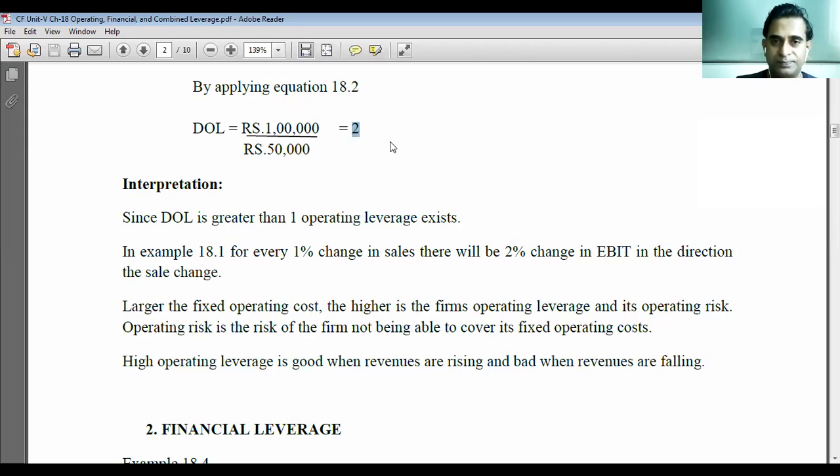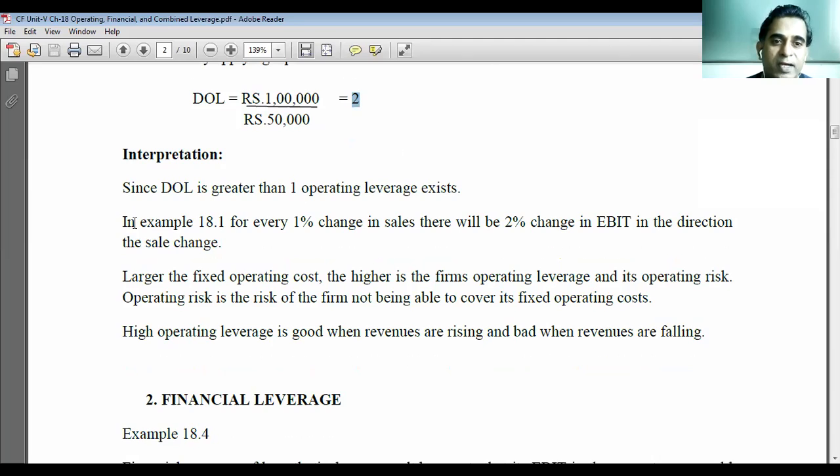So if the degree of operating leverage is greater than 1, operating leverage exists. Since it is 2, greater than 1, operating leverage exists. If your answer is less than 1, that is 0.9 and below, it means operating leverage does not exist.